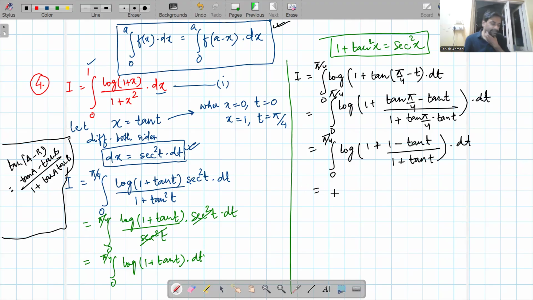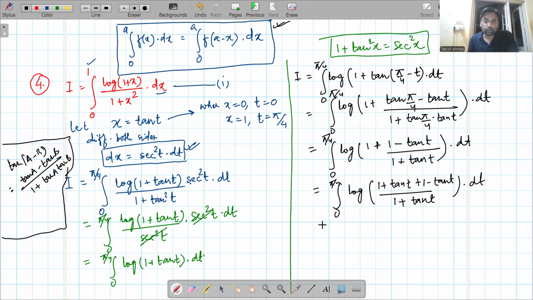If you take the LCM here, it will become the integral from 0 to pi by 4 of log of 1 plus tan t, and in the right hand side it will become 1 plus 1 minus tan t, dt.